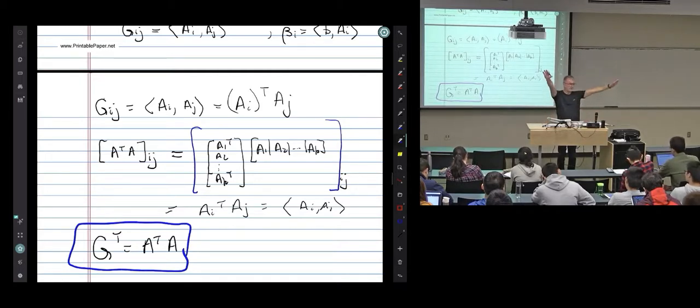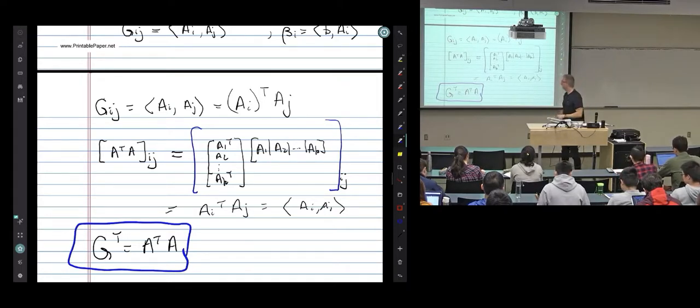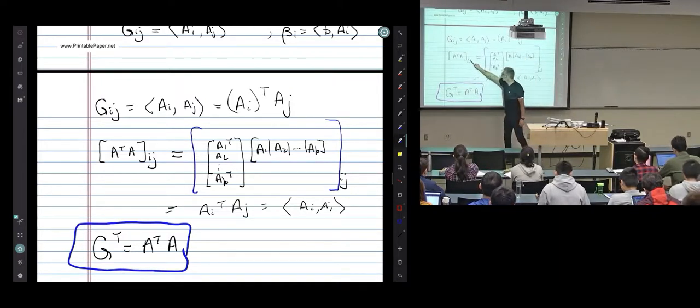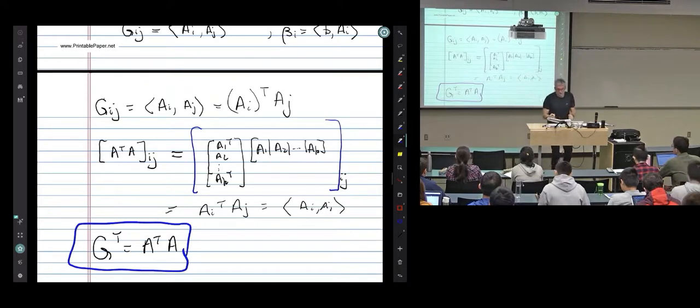Everybody agree with the Gram matrix now? When I do A transpose times A, you don't think about doing an inner product, but you are. You're taking the inner product of all of the columns with themselves and just building up the Gram matrix. A transpose A is the Gram matrix.